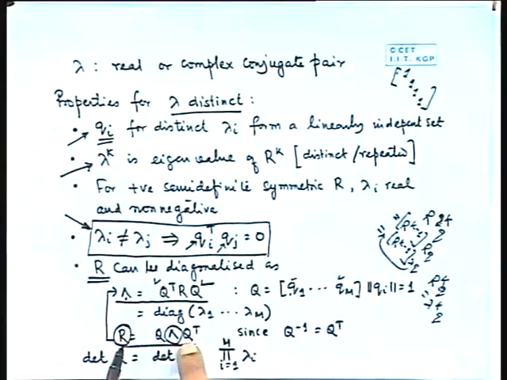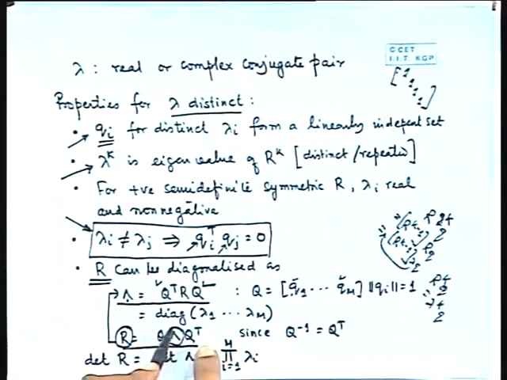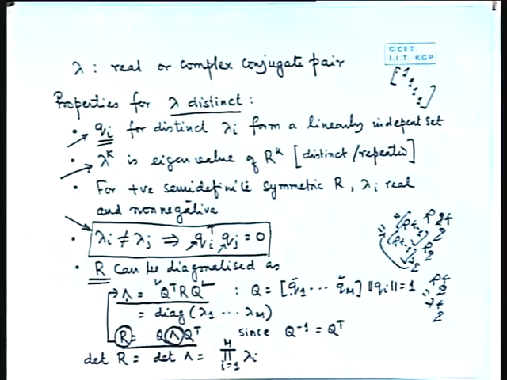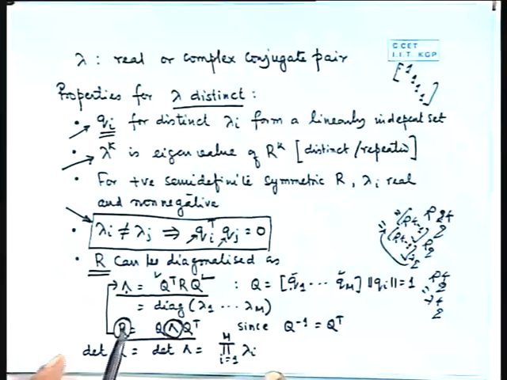Now R can always be expressed as q gamma q transpose, where gamma is going to be a diagonal matrix. That is going to turn out to be a very advantageous thing for us, because gamma is diagonal. We will use it to a lot of advantage, but let us remember at this point the interesting properties of this matrix.